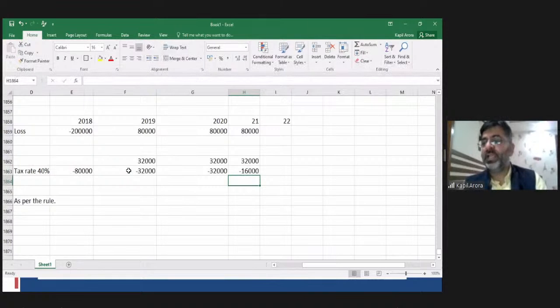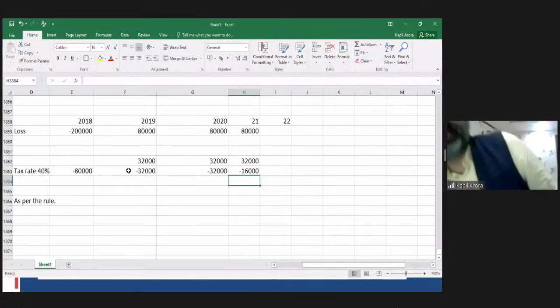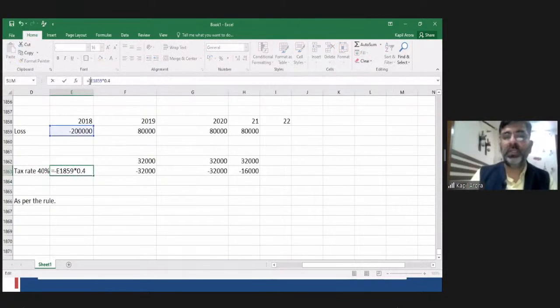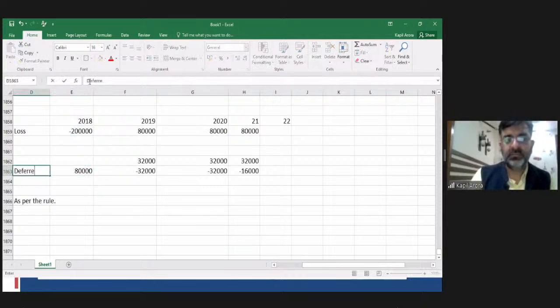This is how I can get the benefit of the losses which I have made today, but these losses can be adjusted to the future taxable profit. When these can be adjusted to the future taxable profit, what I am going to do is recognize this as a deferred tax asset right now.